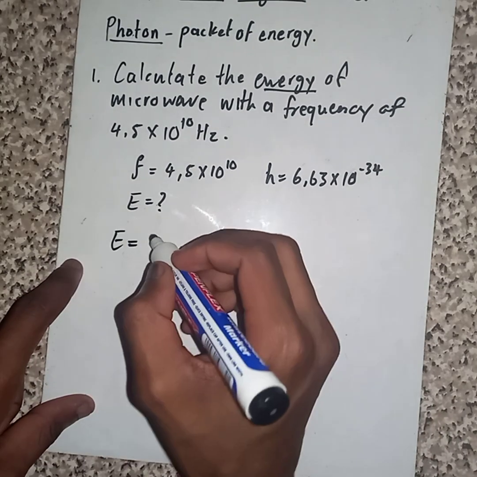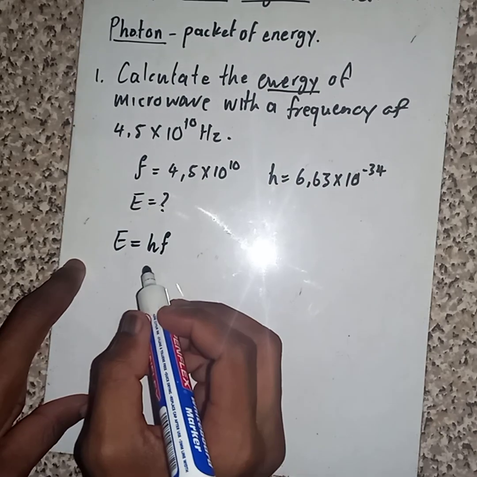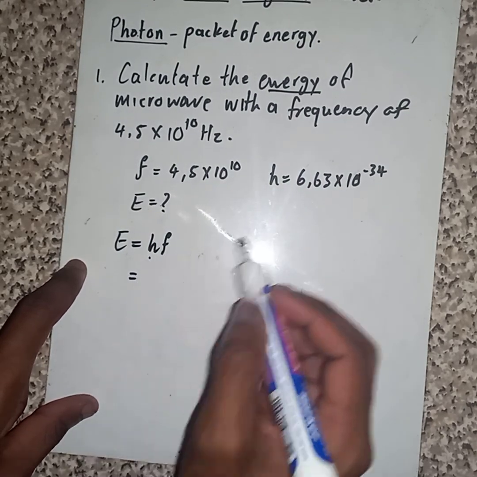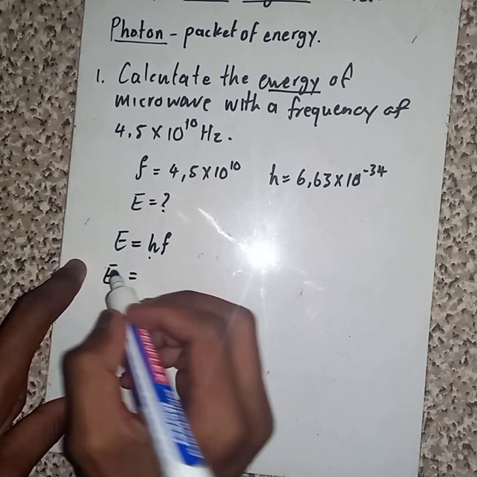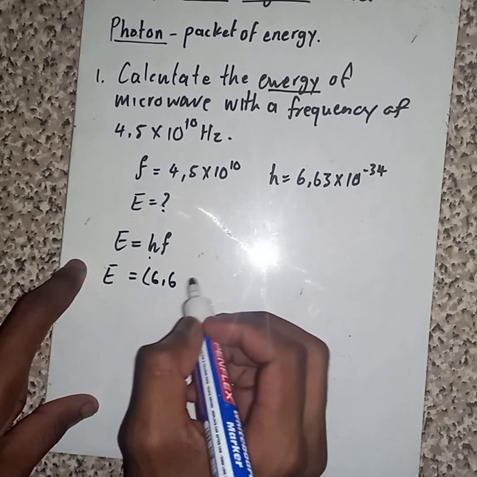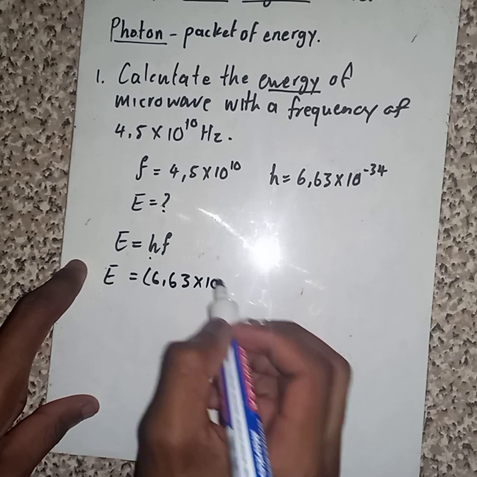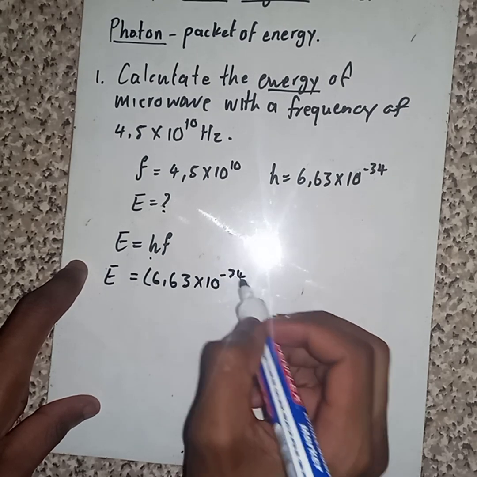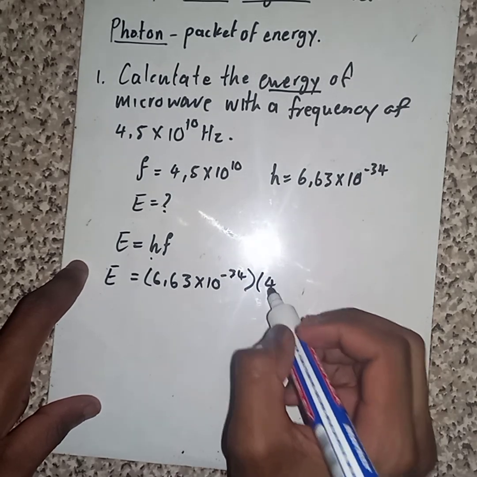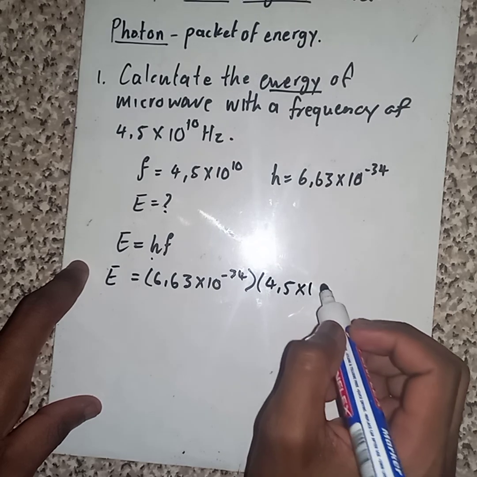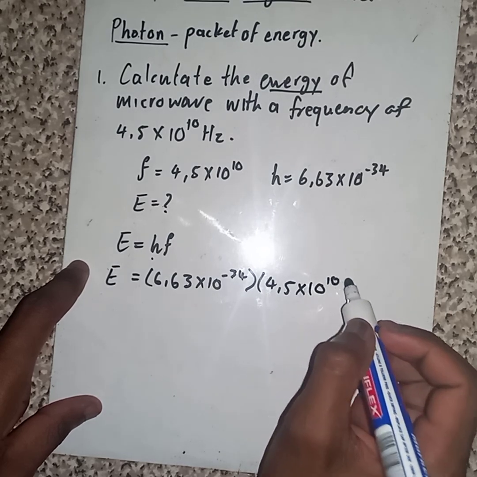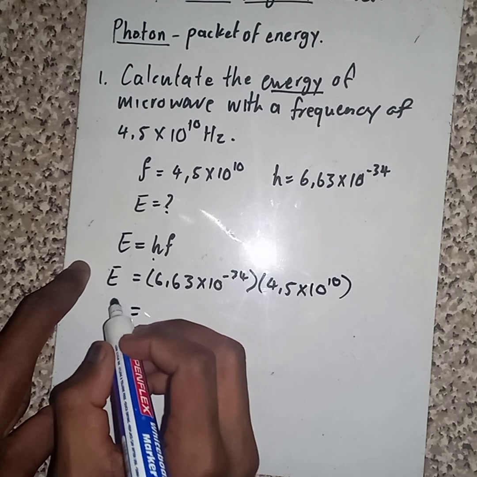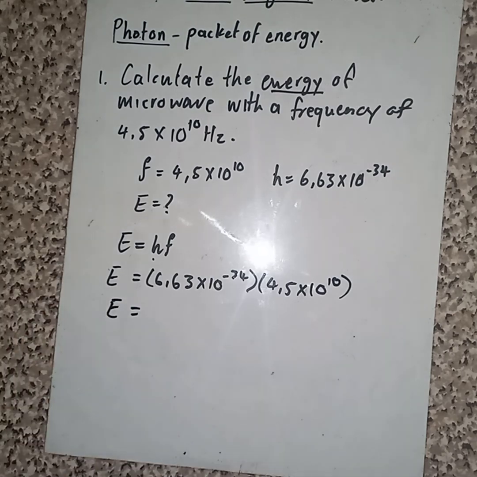It is E = hf. We do have h, 6.63 times 10 to the minus 34, multiplied by 4.5 times 10 to the power 10 hertz. Let us take out our calculators.